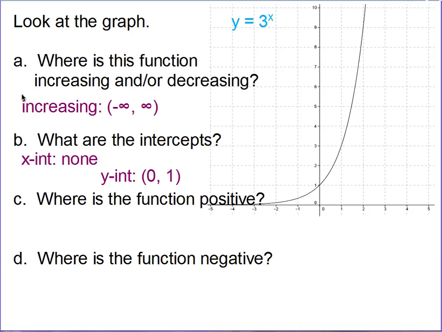Where is this function positive, or over what interval is this function positive? Since positive means above the x-axis, this graph is always above the x-axis. So again, we use the interval from negative infinity to infinity. And is this function ever negative? No, so we can say it's never negative, or we could use the empty set symbol.